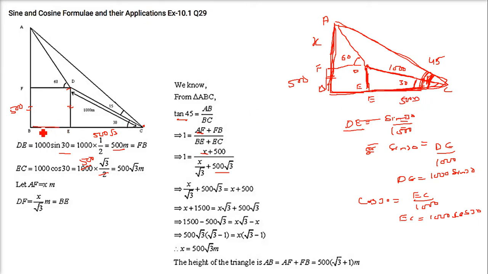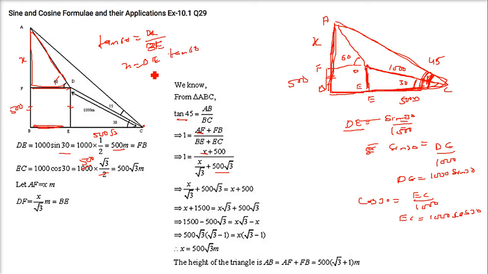Now what is BE? Let us take this triangle. If this is X, and we take tan of 60 degree, tan 60 is X by BE, the sides FD and BE. So X will be equal to BE into tan 60.